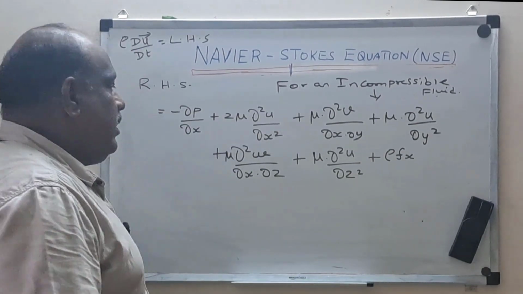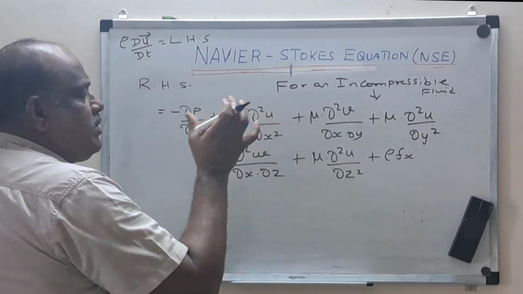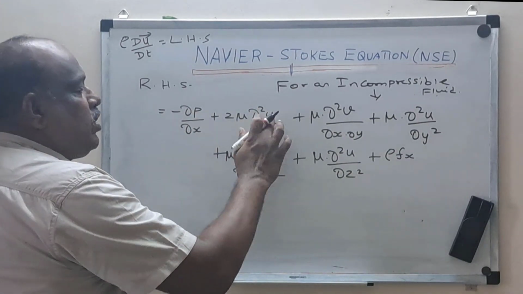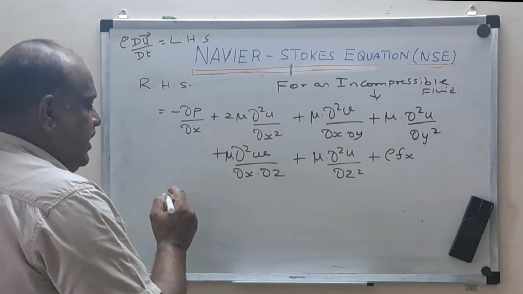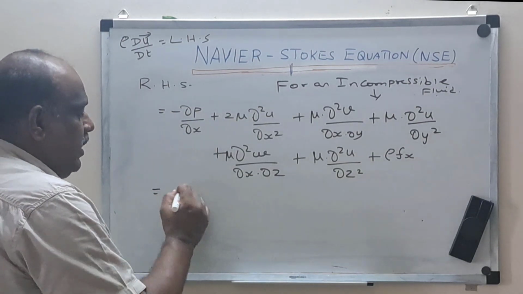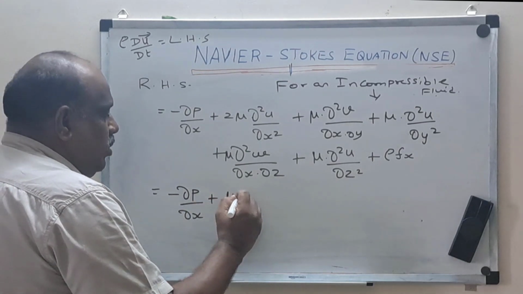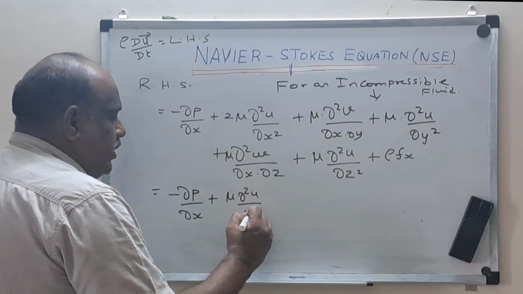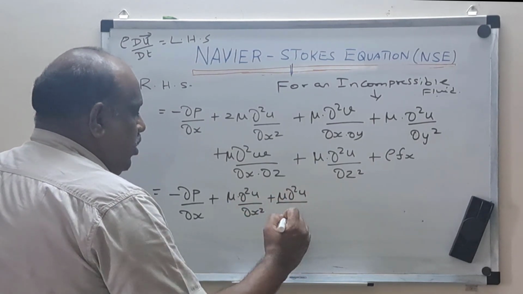On proceeding further, I can write this is what? It is like this term within the bracket, this term is called as x. Mu into dou squared u by dou x squared is there. So it is 2x. So I can write as x plus x. So what I am about to write here is minus dou p by dou x plus mu into dou squared u by dou x squared plus mu into dou squared u by dou x squared.